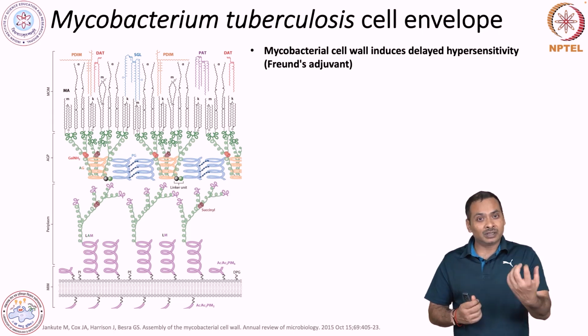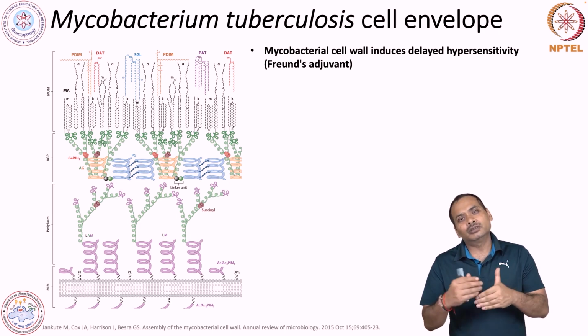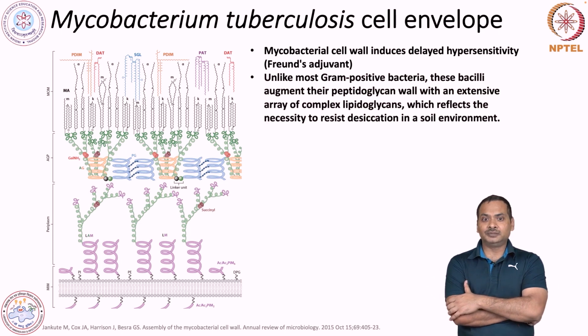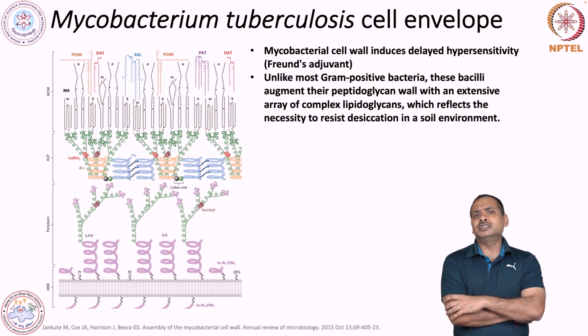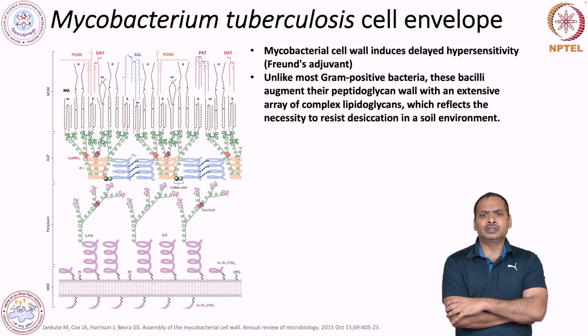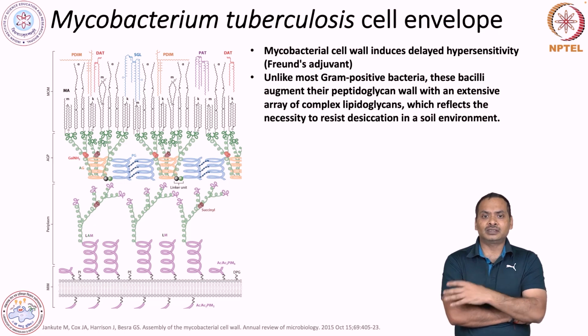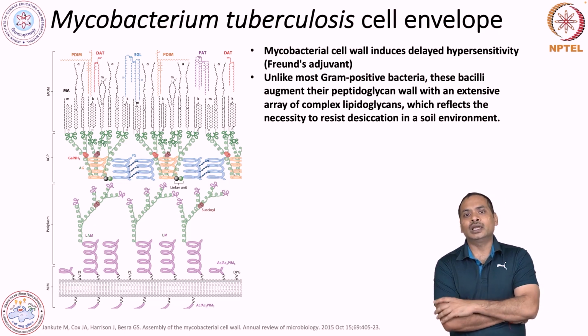So whatever antigen is present in this adjuvant will have a slow release, and then there will be a delayed type hypersensitivity reaction. Unlike most gram-positive bacteria, these bacilli augment their peptidoglycan wall with an extensive array of complex lipoglycans, which reflects the necessity to resist desiccation in the soil environment.